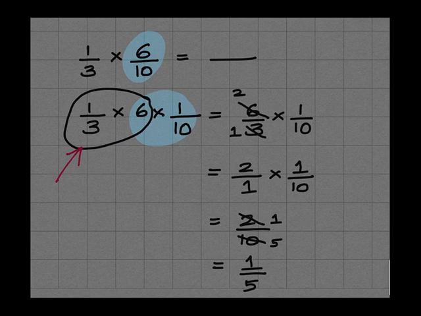We know that there are two 3's in that 6, and simplify it, so it becomes 2 over 1, and the fraction is left. Multiply with that fraction. The next step will become 2 times 1 will become 2, and then 1 times 10 is 10.